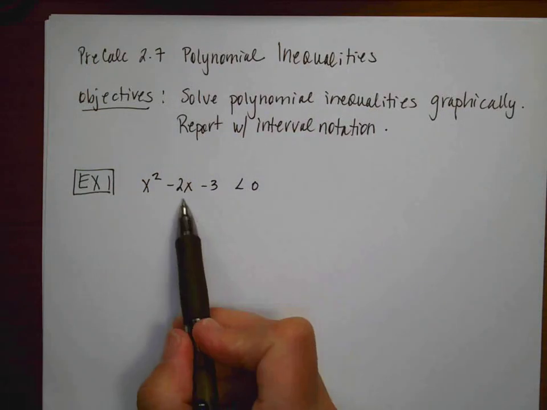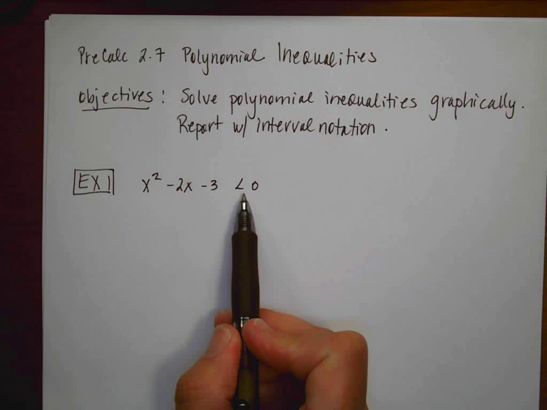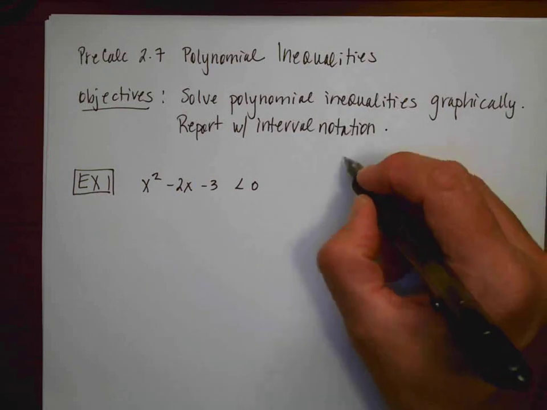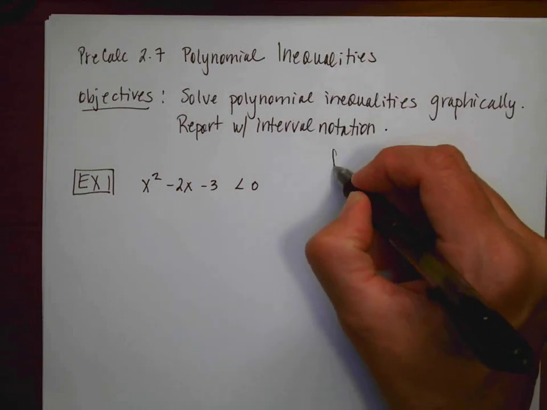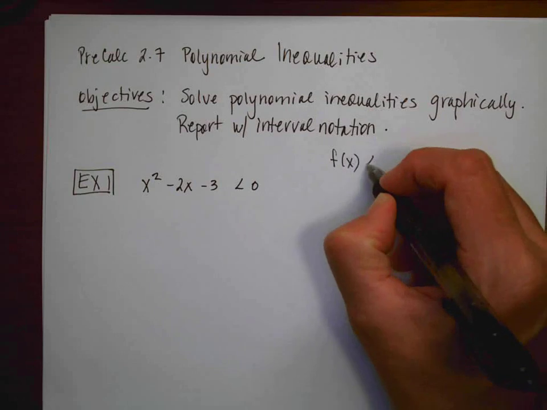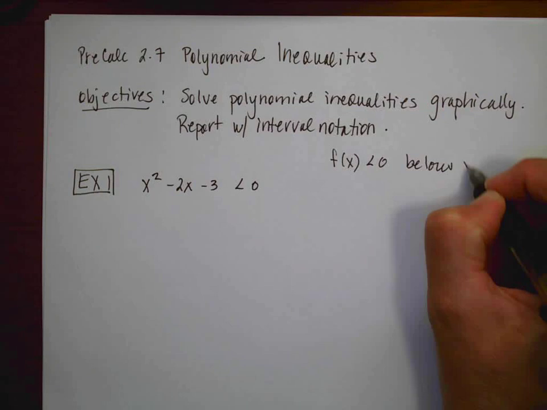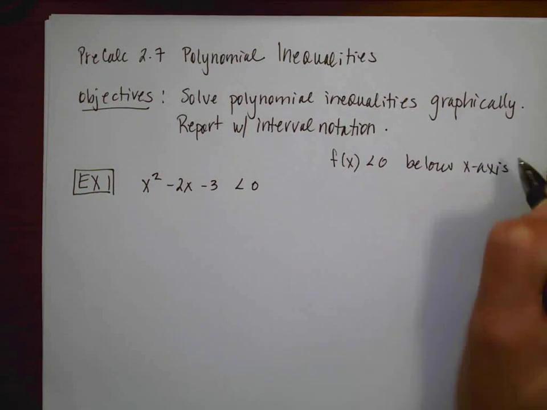A polynomial, a function, is going to be either above or below the x-axis, and that's where the inequality portion of the graph comes in. If I want to know when a function is less than 0, that just means where is the function below the x-axis.